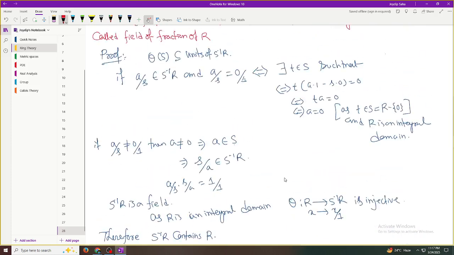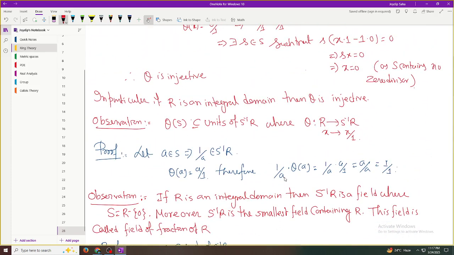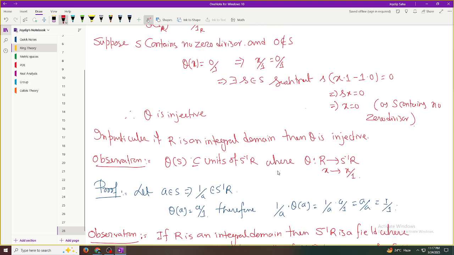See, what I am doing in localization, we are taking some multiplicatively closed set S and making its elements invertible. That means we choose an S and construct a ring where the elements of S are all units.